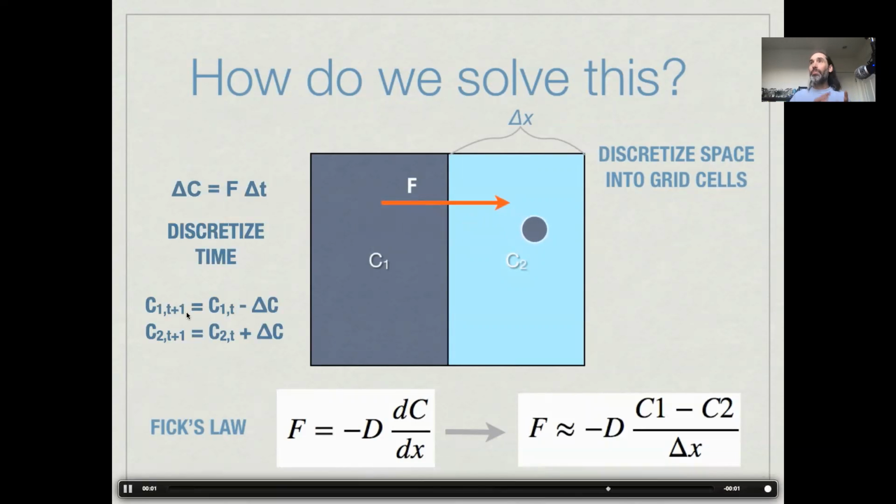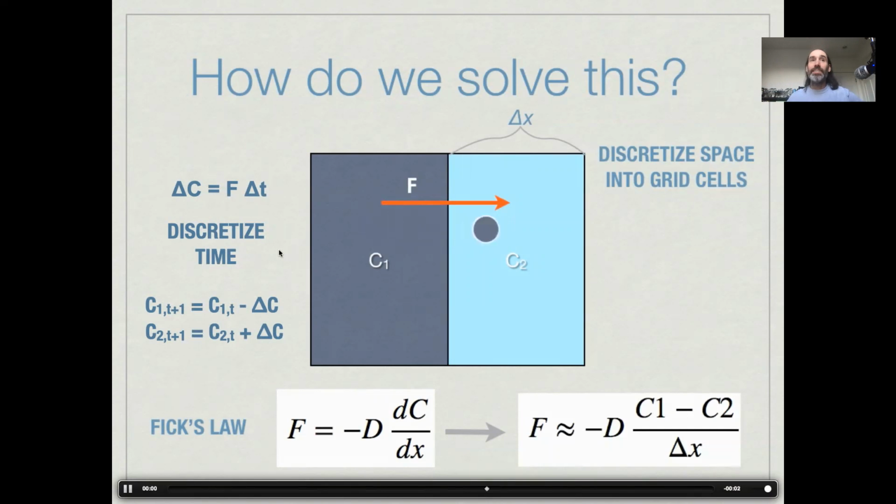And we end up with a simple set of conservation equations that say the concentration at the next point in time is the concentration right now, plus or minus some amount that's moving in or out. And that amount that's moving in and out is, again, this flux, this minus D delta c/delta x times a delta t.